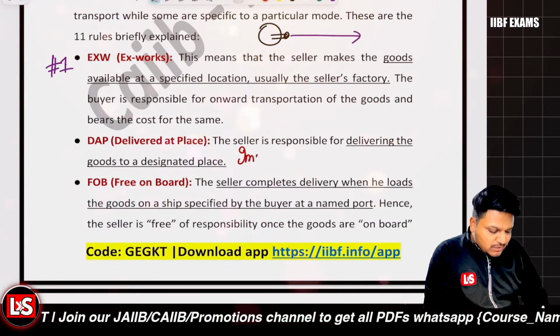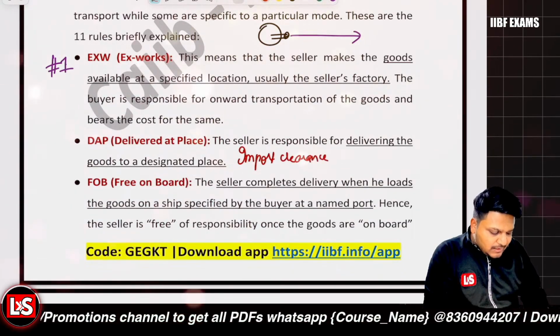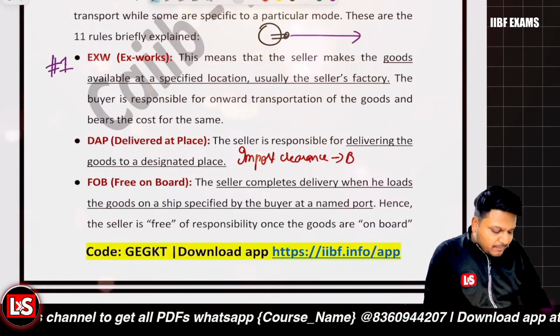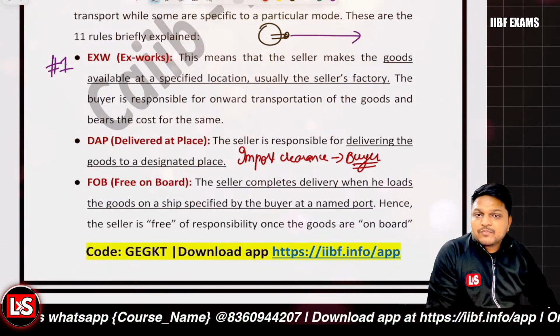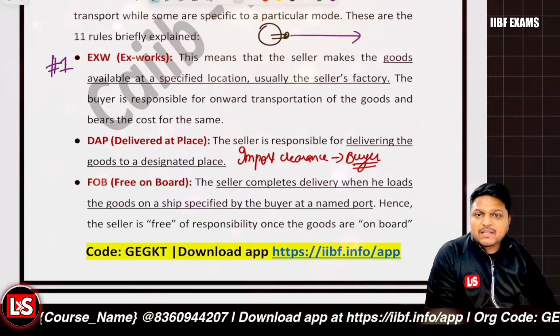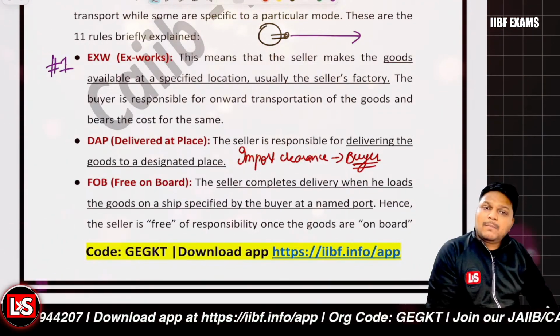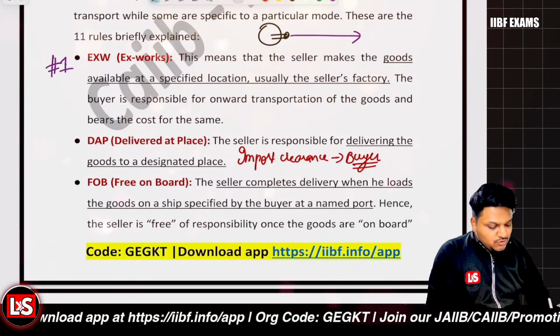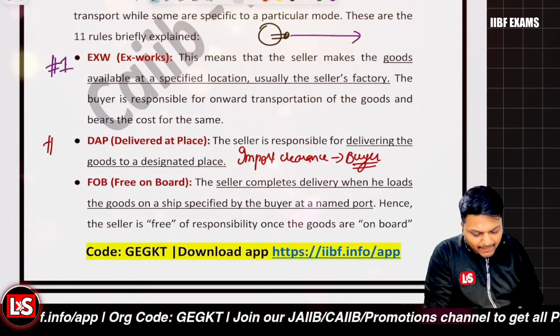The import clearance is to be done by the buyer in this scenario. At a designated place, the goods will be delivered by the seller and risk will be transferred to the buyer thereon. So import clearance is to be done by the buyer only.